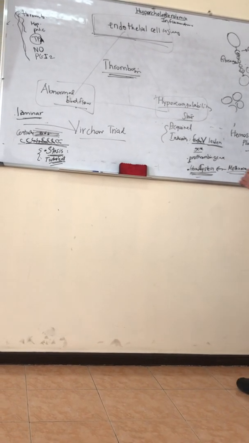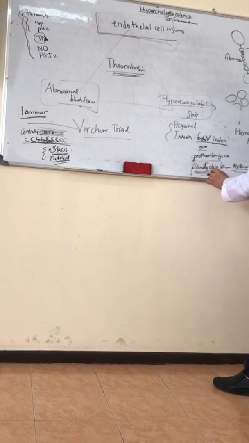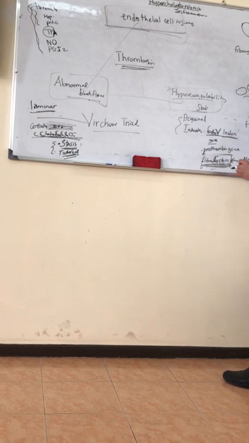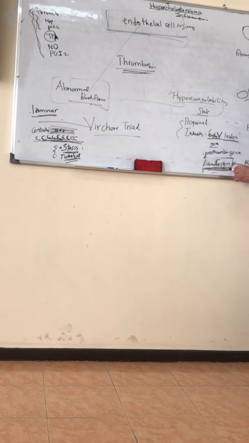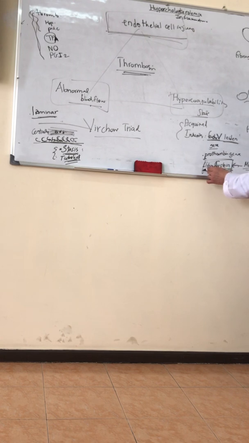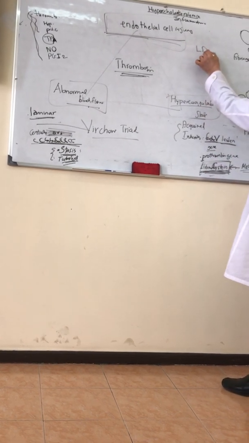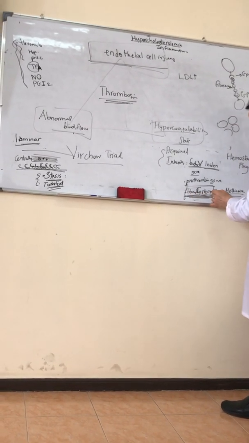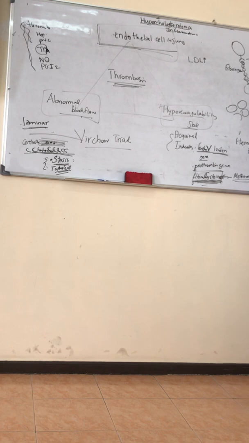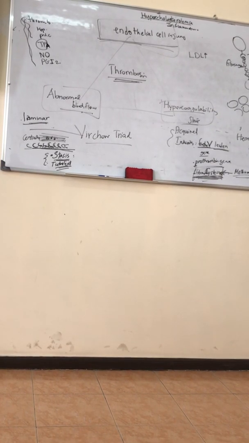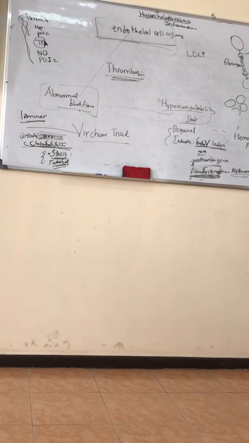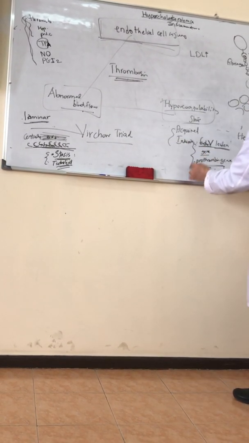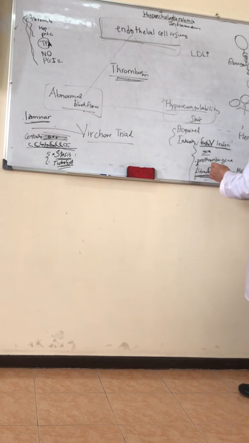So it is a bad sign. Hyperhomocysteinemia, which can be due to gene mutations, is something like increased bad cholesterol, which is LDL. So homocysteine level in serum is measured, and its high level is a bad sign as a sign of thrombosis. So these can be seen as inherited causes.